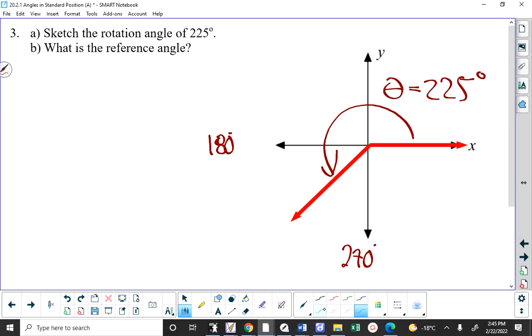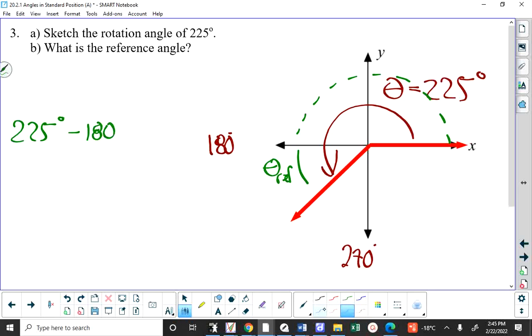The reference angle, well, we can take 225, and if I want to know the reference angle, I'm going to have to take 225 and subtract this 180 to be left with the reference angle. So in this case, we're going to have 225 degrees minus 180.